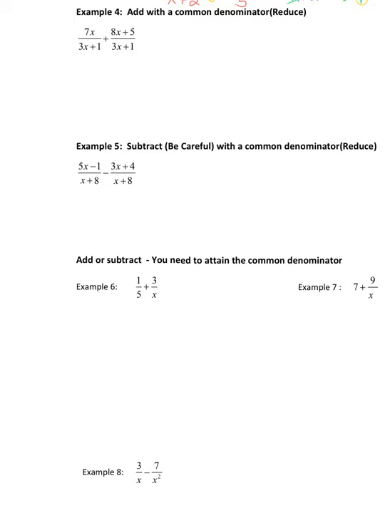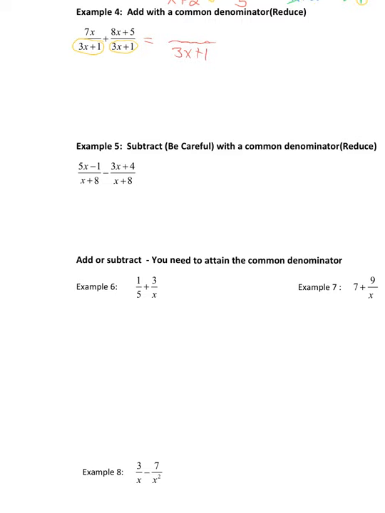As we move to the second page, we have addition with a common denominator. So we're going to add these two fractions. They both have a common denominator of x plus 3. So when I add fractions that have a common denominator, I repeat the common denominator in the answer.